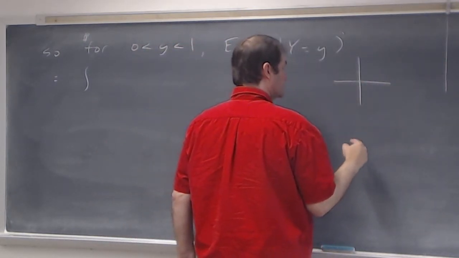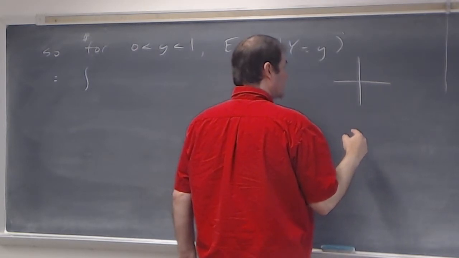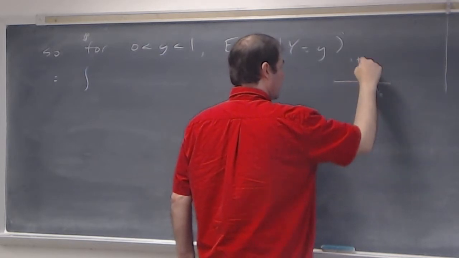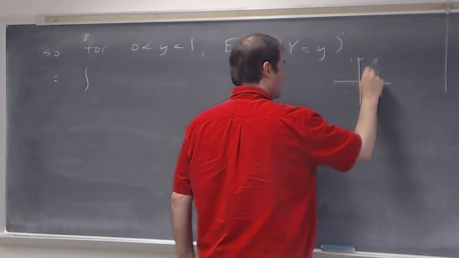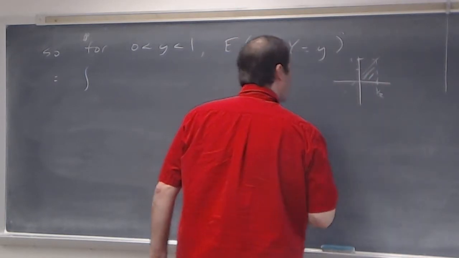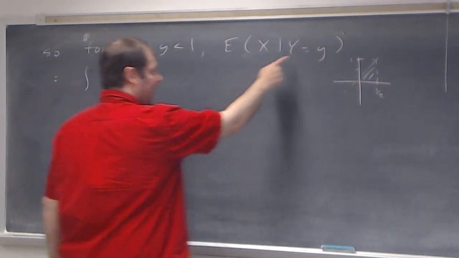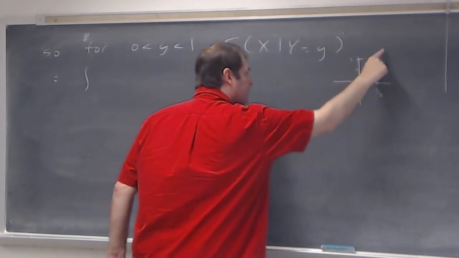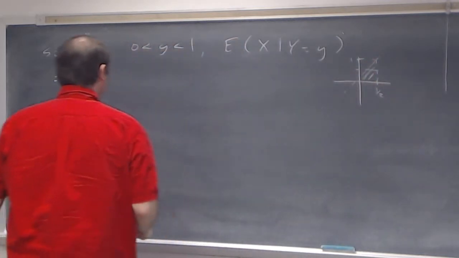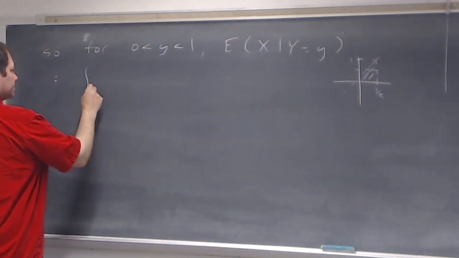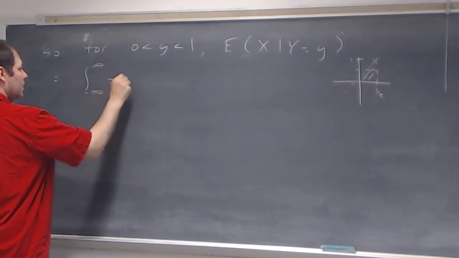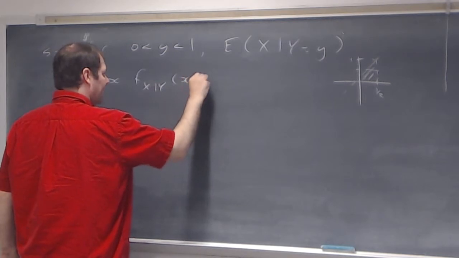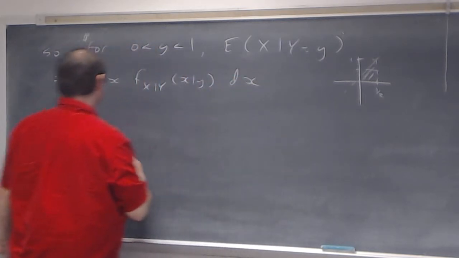Remember, we found this conditional probability density function. We fix a y, for whatever y we have here. What do the x values run from? They're going to be from this line. Here, it's supposed to be from minus infinity to infinity of x times this conditional PDF, and we integrate with respect to x.